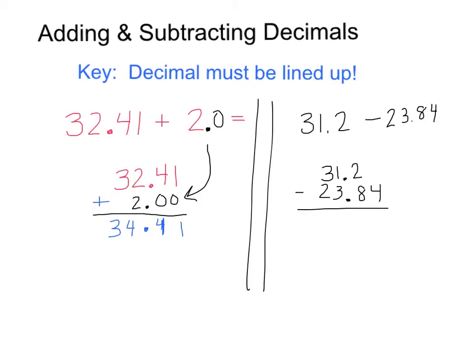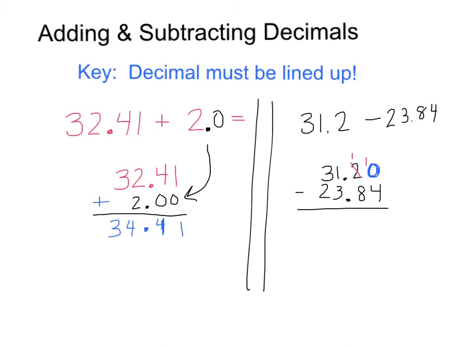But I need to make sure, just so I don't make any mistakes, I'm going to fill that in with a 0, remembering that I can add zeros to the end of a decimal number without changing the value. I can't add it before the decimal, but following the decimal I can add zeros after the last number. Okay. When it comes to subtracting, I'm going to need to borrow.